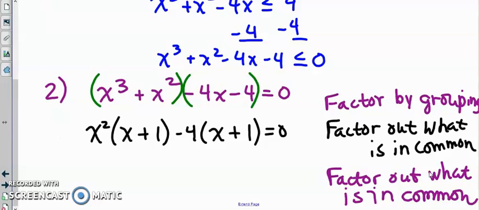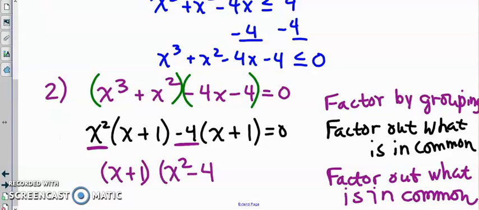All right, so here, what's in common is x plus 1. So we go ahead and put that in front, factor that out, pull it out. And what's left over is x squared and a negative 4. So we do x squared, negative 4. So x squared minus 4 equals 0. All right, so we're factoring by grouping.